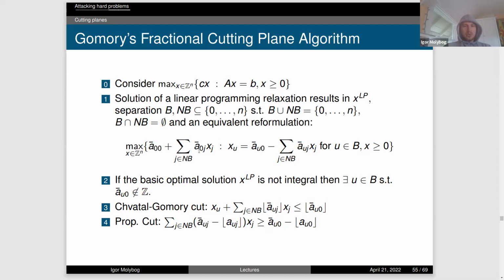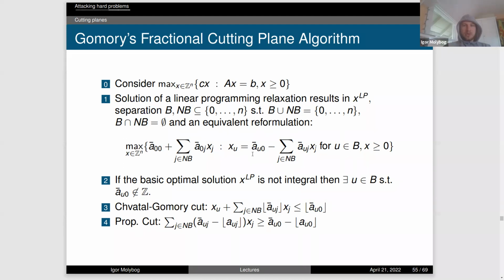The solution of the linear programming relaxation provides you with a reformulation of the problem in the following form, right? With the new coefficients a bar in the objective, and the new coefficients a bar in the constraints.